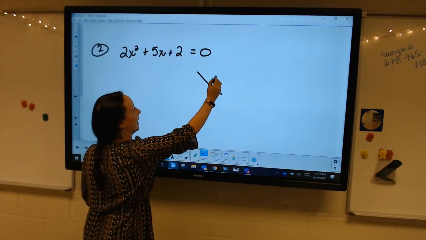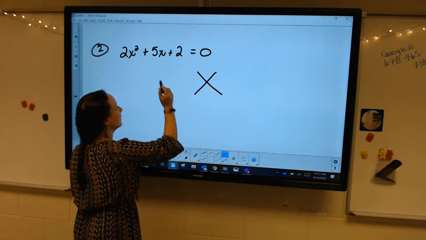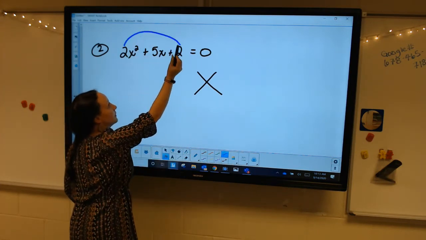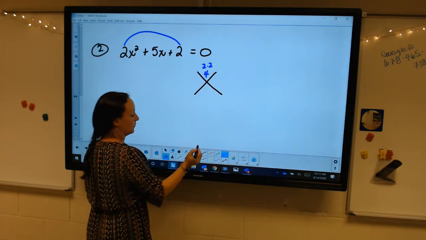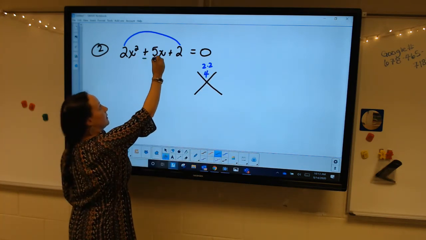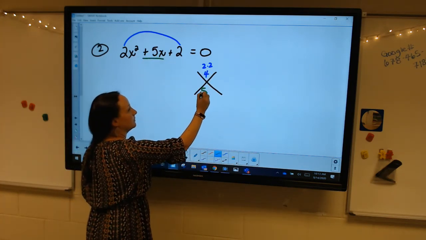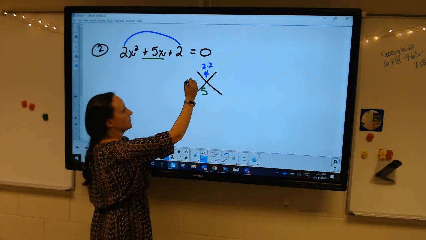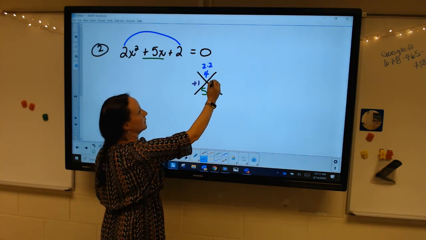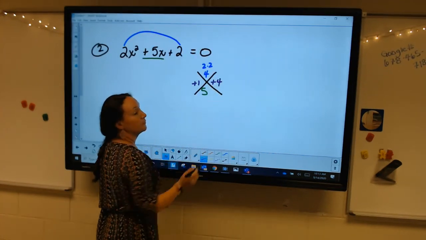So first we factor. I'll multiply 2 times 2. We'll need factors of 4 that combine to 5. I will need to use everything as positive here, so I'm going to use a positive 1 times a positive 4.